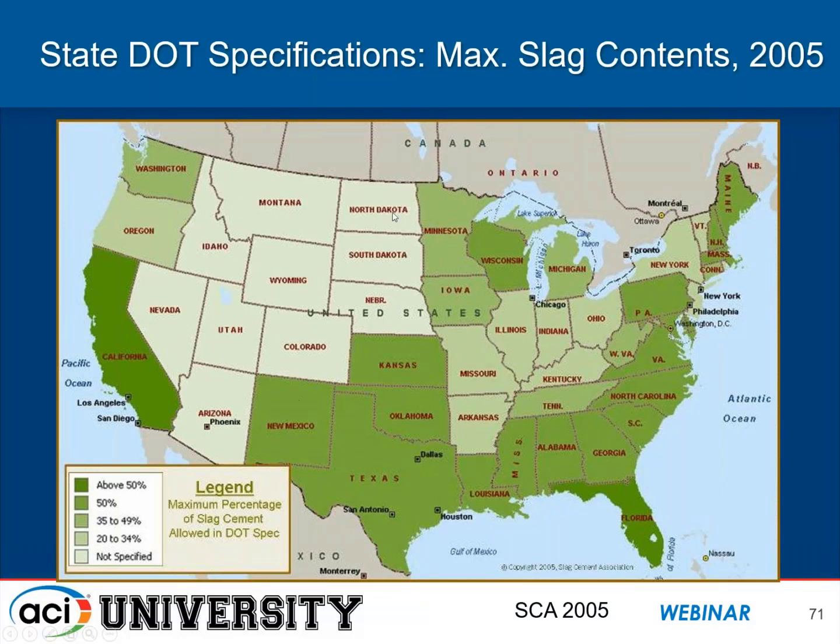And out in the West, it's not specified because there wasn't slag available in those marketplaces at the time. Because a lot of the slags are either in the Great Lakes region or around the coastline or up the Mississippi.